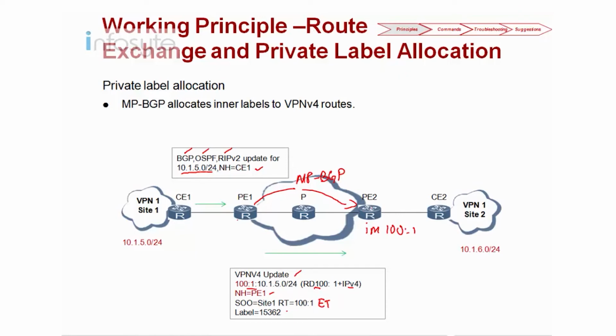When PE2 receives it, it means that when PE2 needs to go back to 10.150, I need to use the label 15362, and the next hop is PE1. So I need to point back to PE1 to go back to the destination. So this is how the labels are generated and how they are exchanged between the PE equipment.